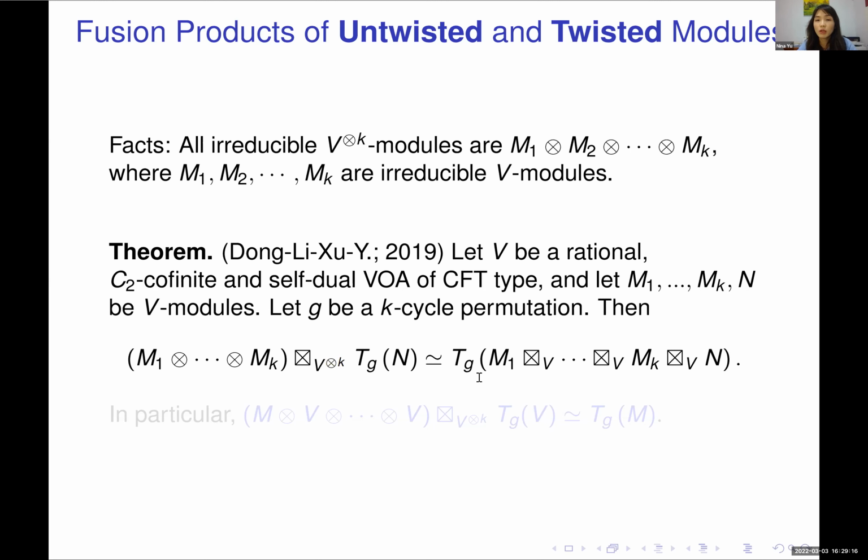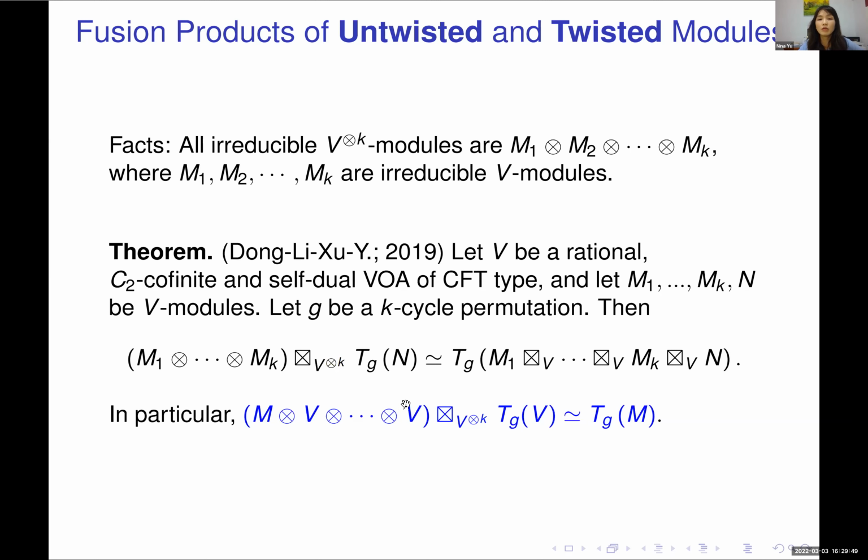From this formula, you can see clearly the relation between the tensor products of untwisted and twisted modules and the tensor products of V modules. This is what we have obtained so far. Our goal for the tensor product of twisted and twisted modules is still the same: we want a straightforward formula that tells you the relation between the tensor product of twisted modules and the tensor product of the original modules.